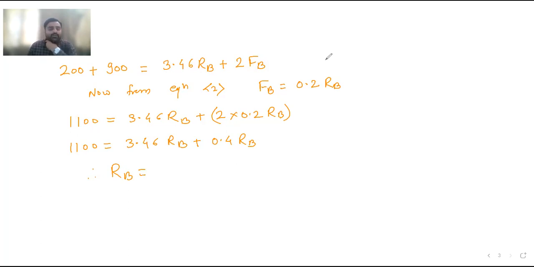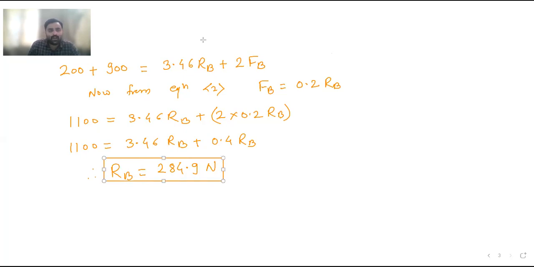Correct. 3.46 plus 0.4. 284.9. Okay, Newton. So this is the value of RB we have got right now.